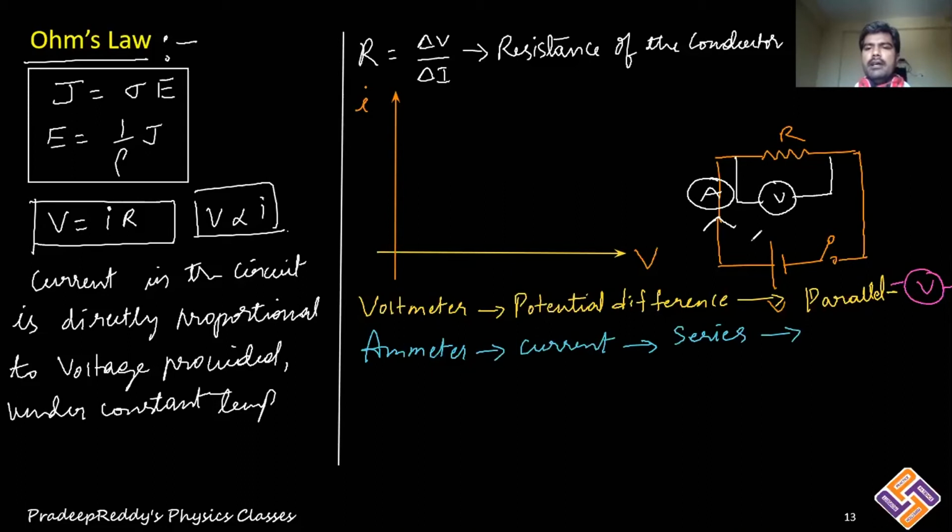Therefore, it should be connected in series with that particular conductor to measure how much current is flowing through that path, and the symbol of ammeter is A. So wherever we use an ammeter, you need to use this symbol, and for the voltmeter, this symbol V. Now I am using those two and measuring voltage and current flowing through the circuit.